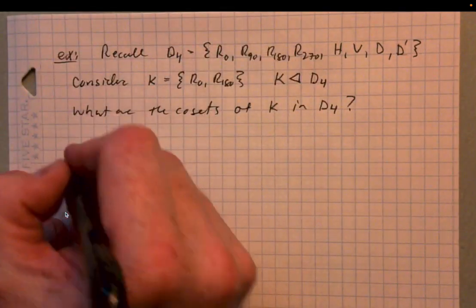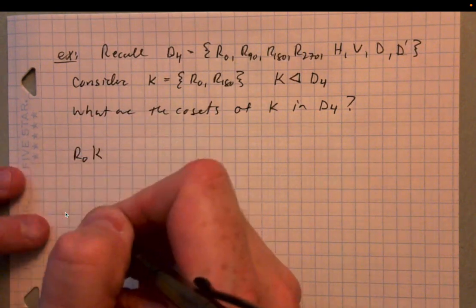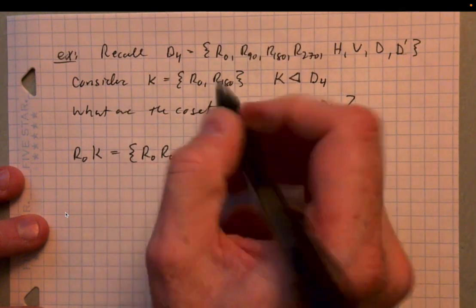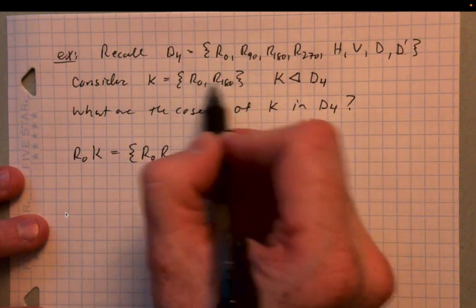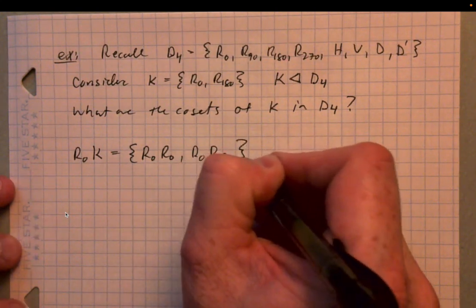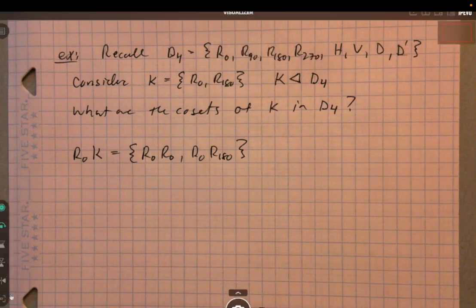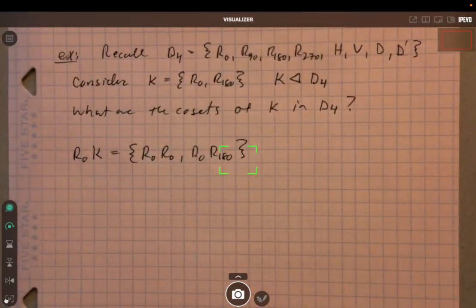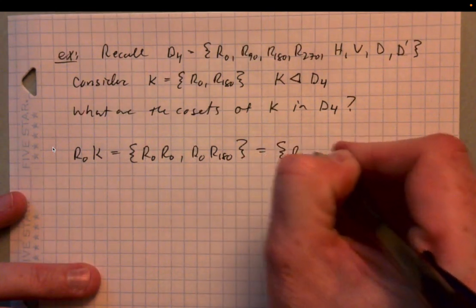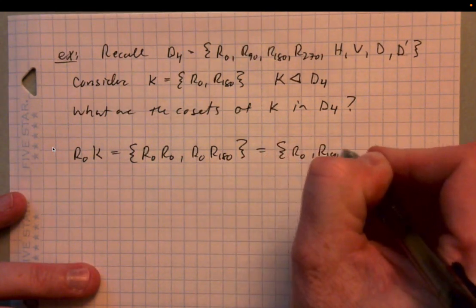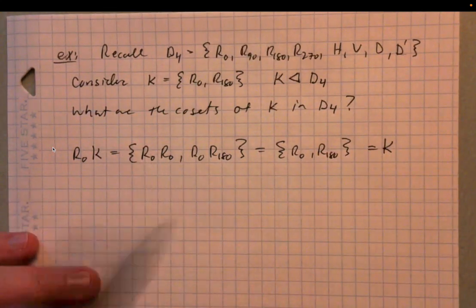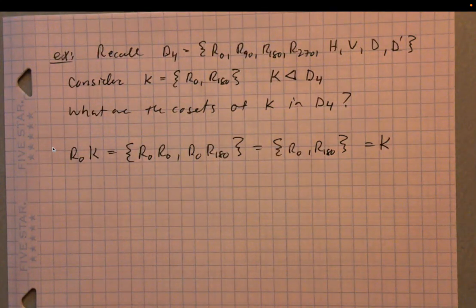Let's start with R0. R0 of K, well, that's just R0, R0, right? Composing R0 with all of the elements of K, you get R0, R180, and therefore, obviously, it's just K. We should anticipate that, but let's make sure we see it.